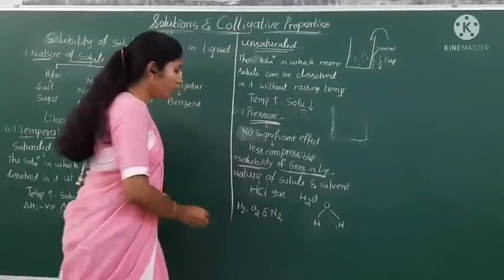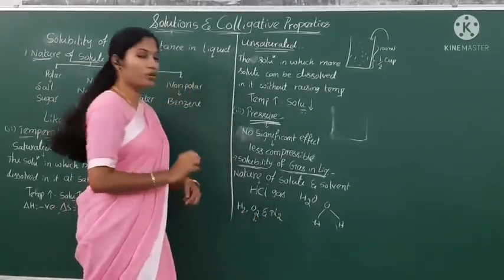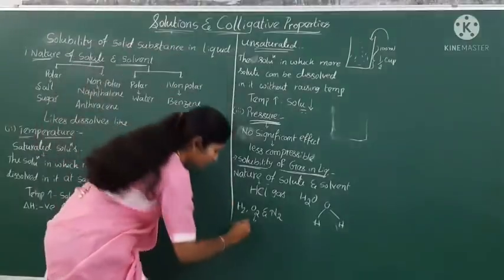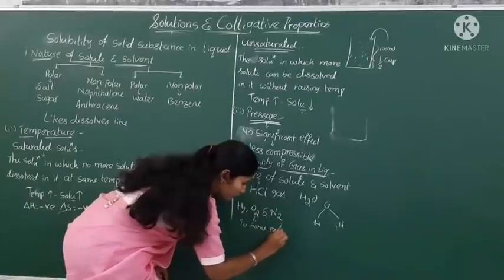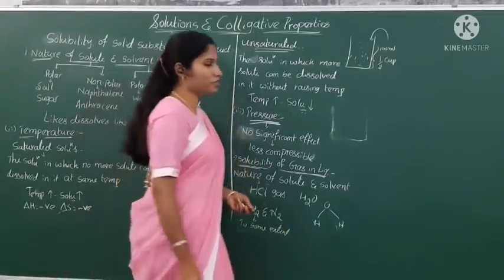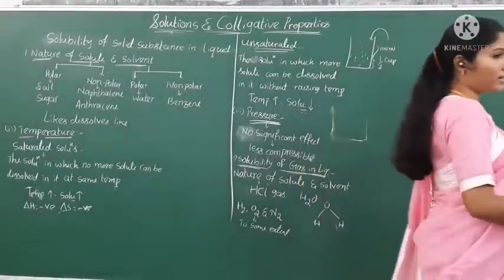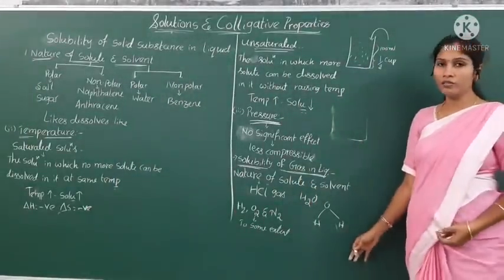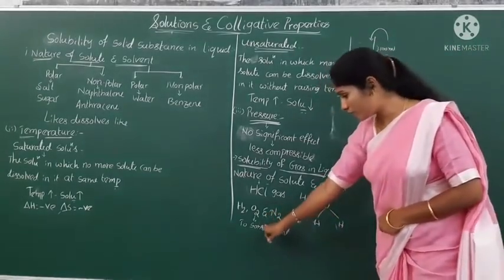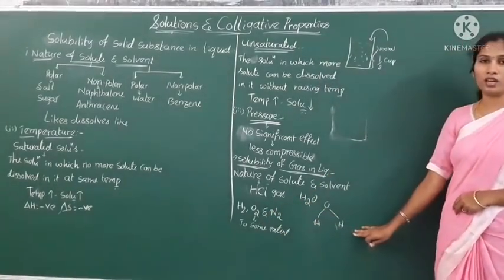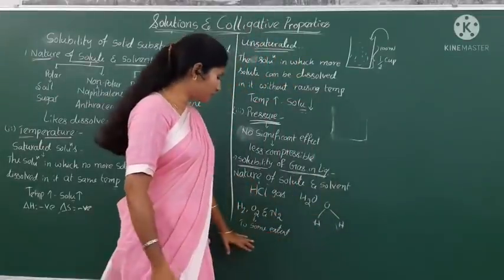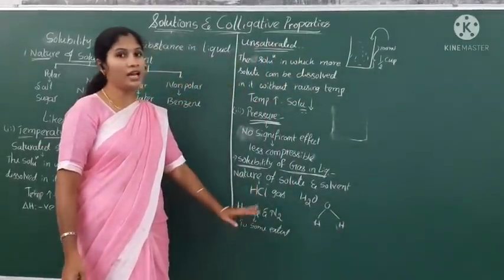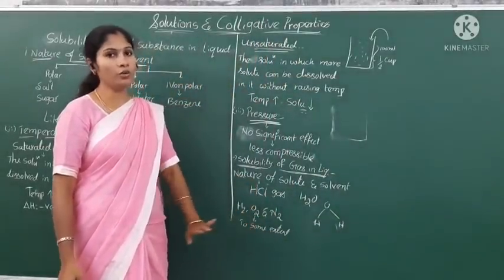Among these three, only oxygen can dissolve in water to some extent, and the other two cannot because they are non-polar in nature and the solvent is polar. That small amount of dissolved oxygen is used by the aquatic animals living in water.